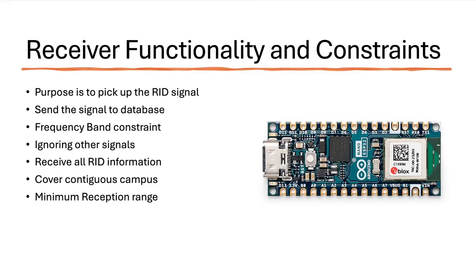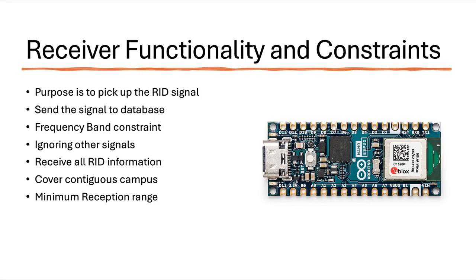So first off, I'm going to talk about the receiver functionality and constraints. This is my subsystem. The purpose of the receiver is to pick up the remote ID signal and send the signal to the database to be stored.